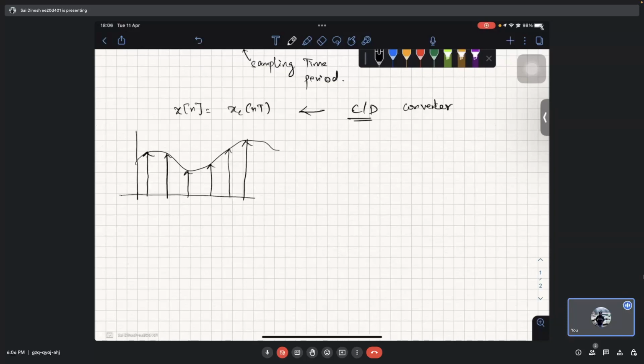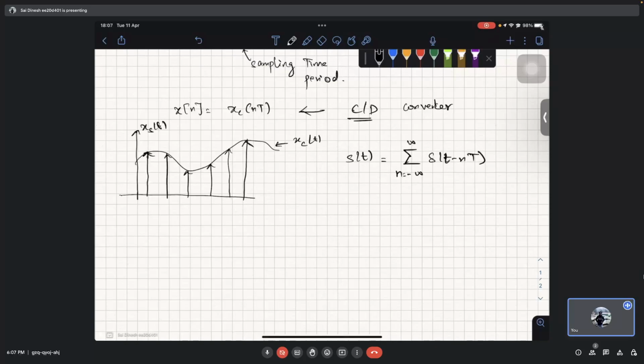Multiplying xc of t by it, we get xs of t. So this s of t is known as the impulse train, the sum from minus infinity to infinity of delta of t minus nT.